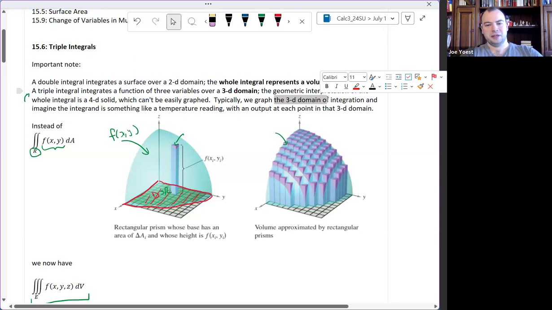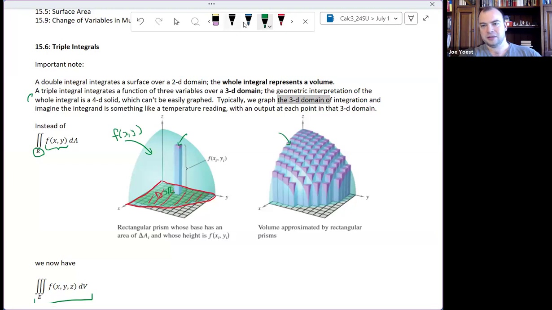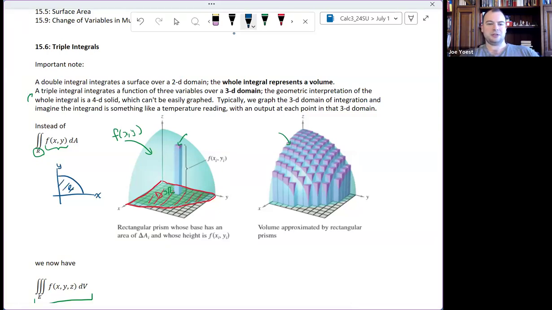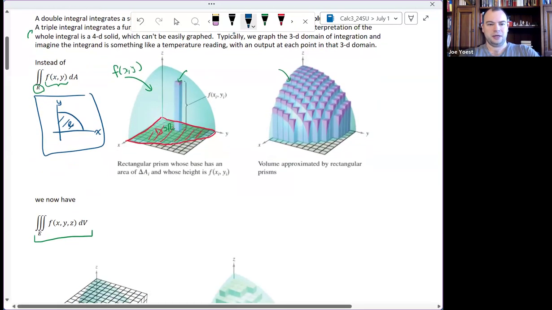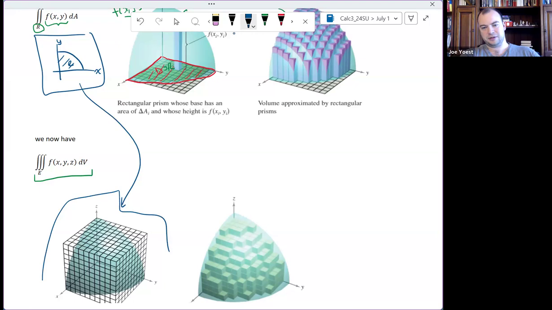So typically what we do is we graph for a triple integral the 3D domain of integration. So we would graph something analogous to this in a double integral. So that's what we're seeing, for instance, here.